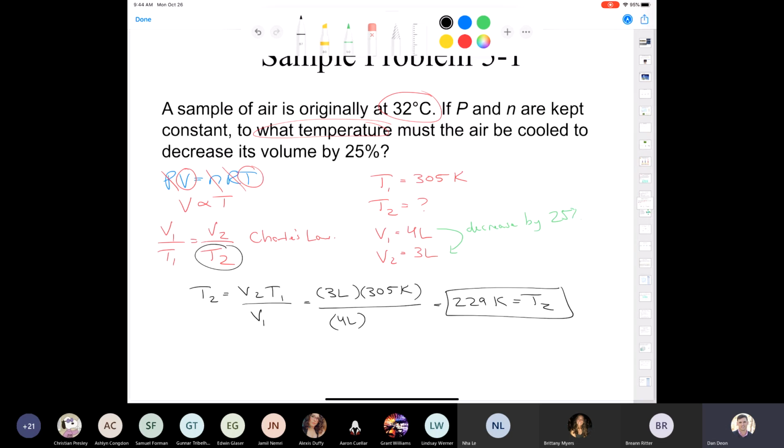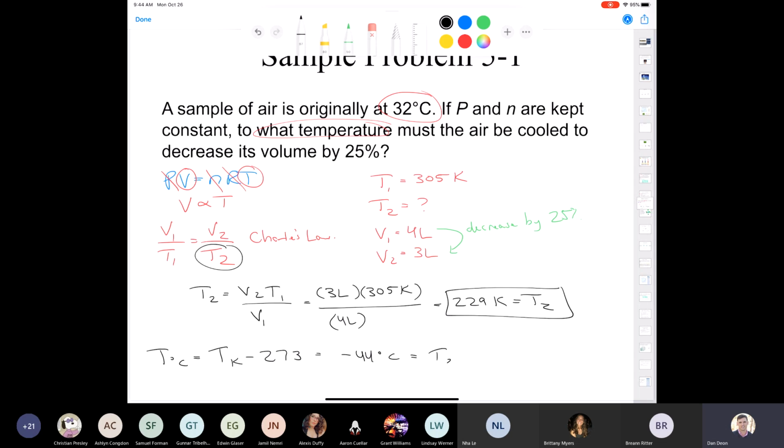If we want to convert that into degrees Celsius, we know that temperature in degrees Celsius is equal to temperature in Kelvin, subtract 273. We're going to take 229 and subtract 273, and we get minus 44 degrees Celsius.